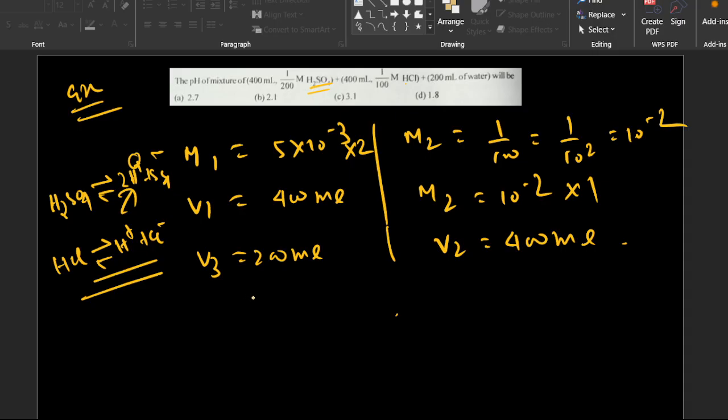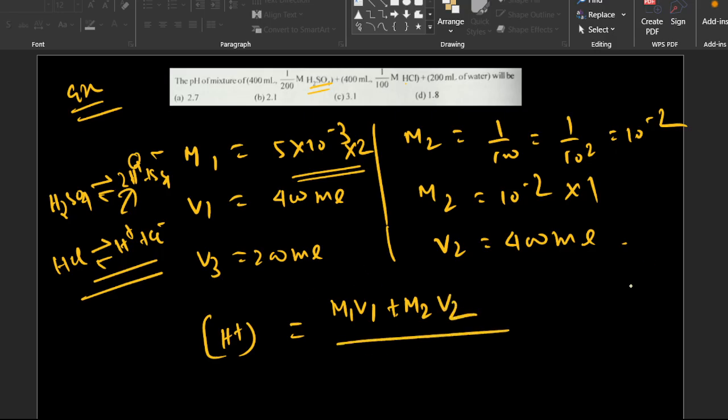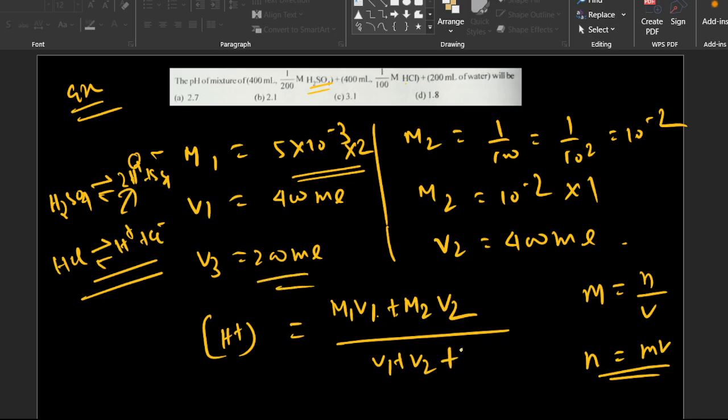So the total H plus concentration will be all the number of moles of H plus, that is 2 M1 V1 plus M2 V2, because molarity is equal to number of moles by volume, so n equals M into V. So the number of moles of H plus is 2 M1 V1 plus M2 V2, and the total volume is V1 plus V2 plus the water added here, V3.